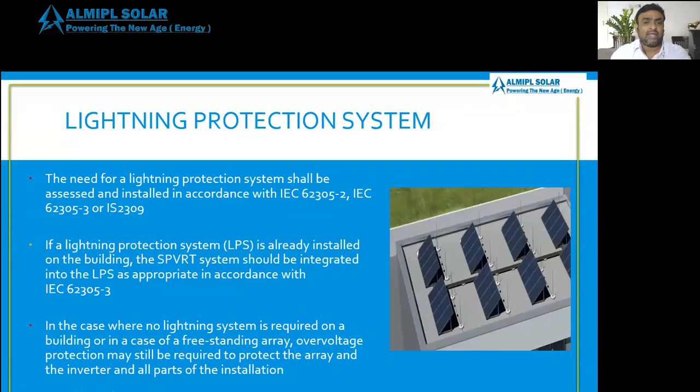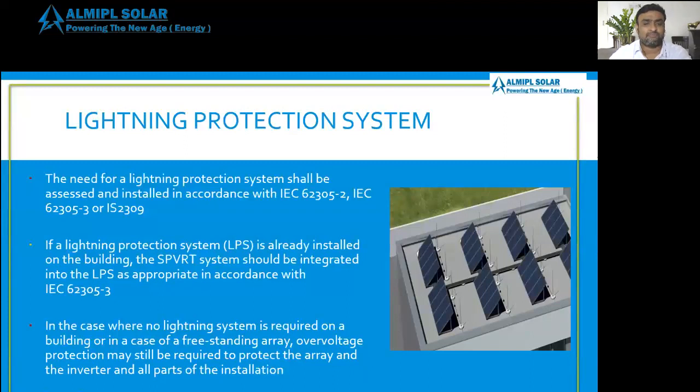This needs a lightning protection system. The lightning protection system shall be designed and installed in accordance with the IEC. If a lightning protection system is already installed on the building, the lightning and earthing system are required. Earthing is also a very important thing for solar.